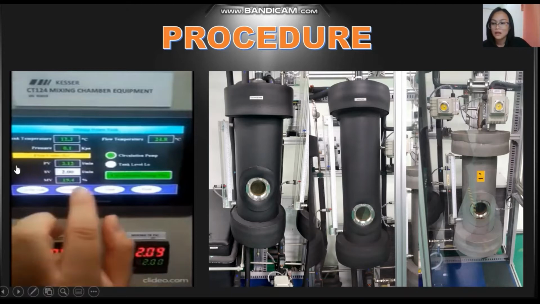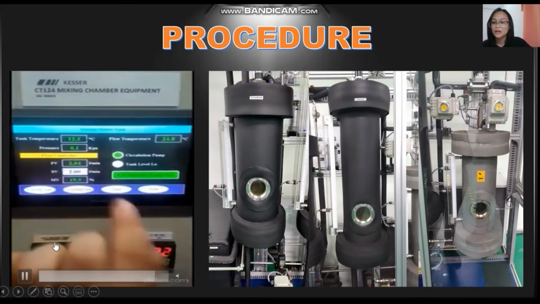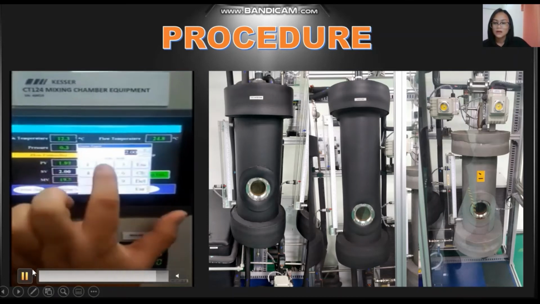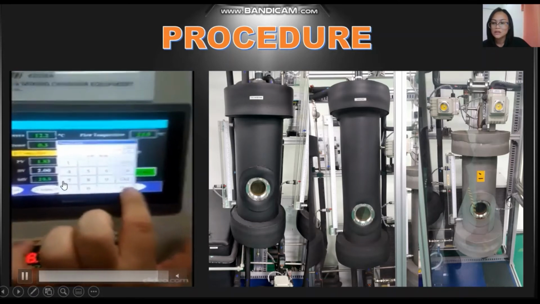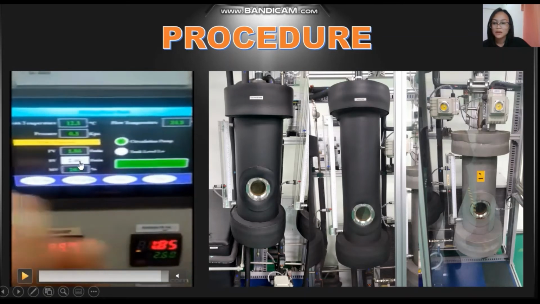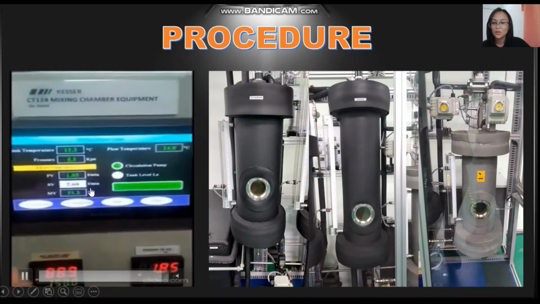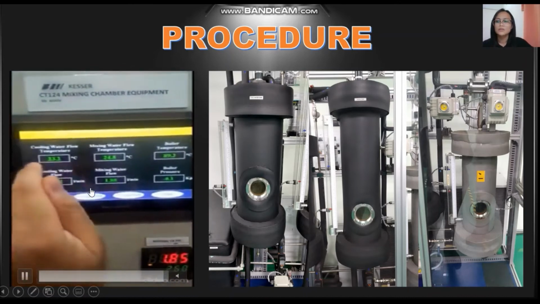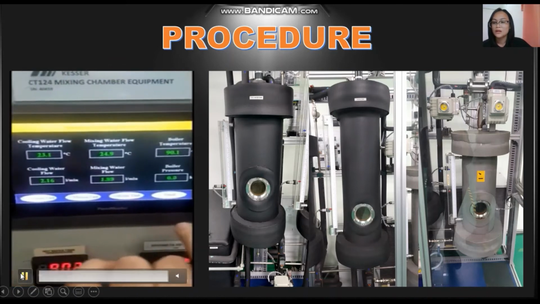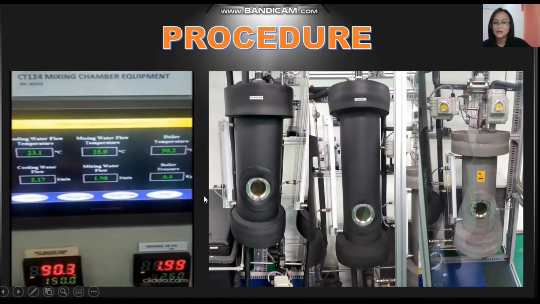For example, after we convert the reading in kg per hour to liter per minute, we get the new reading equal to 0.6. So we need to add it to 2 liter per minute. So the new flow rate we get is 2.6 liter per minute. After that, we can record all the data that is needed in the table of result.